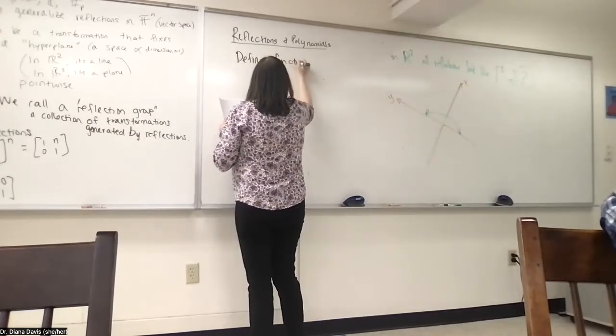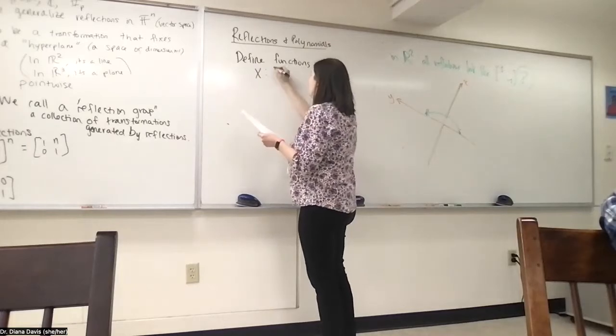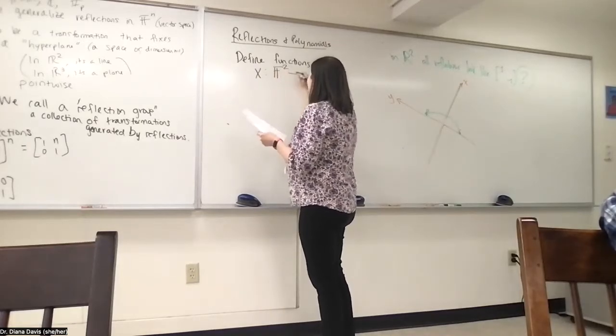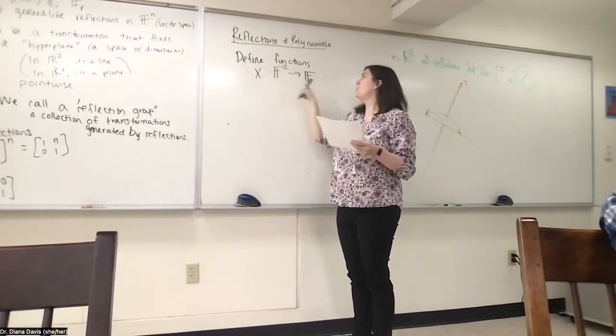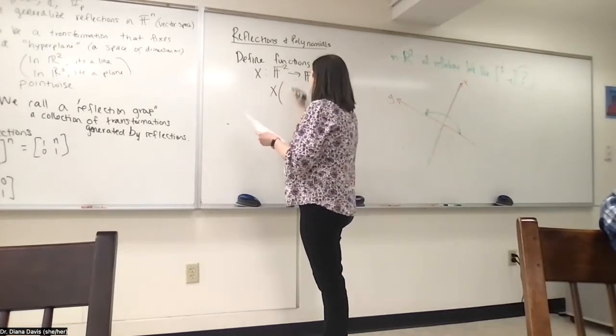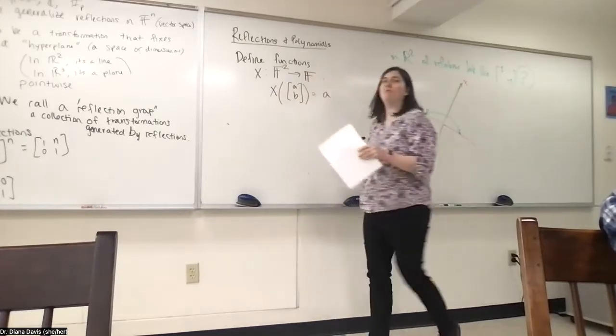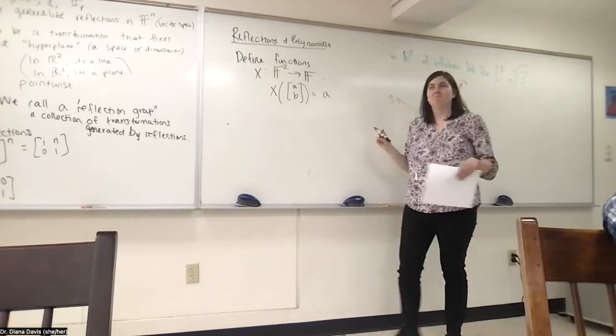So I'm going to define functions. X is going to take F2 to F, so think R squared to R or Fp squared to Fp, where we feed it a vector and all it does is pick off the top coordinate of that vector. That's all it does.